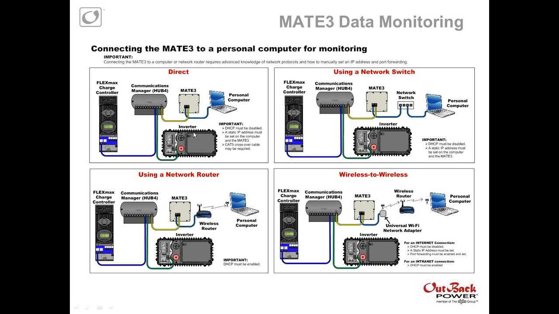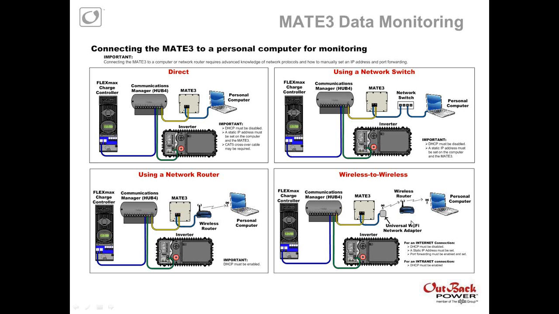There are different ways that it can be hooked up, say direct. Obviously, you have the Mate3, which goes directly through Ethernet to your personal computer or router. Probably the most common, what we find is people are using wireless to wireless. The Mate3 is usually put somewhere in the garage or an area where you're not going to want to run a long Ethernet cord inside of a house where computers are often used.